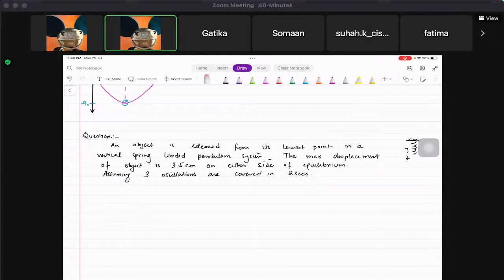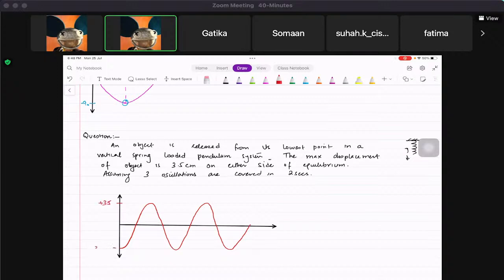They have given you a graph. Let me show you the graph, and from the graph you're going to learn what they mean. The graph looks like this, this is plus 3.5, this is negative 3.5, this is x in meters, and that's time.